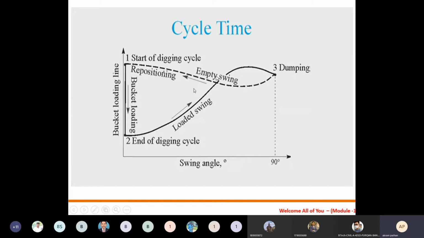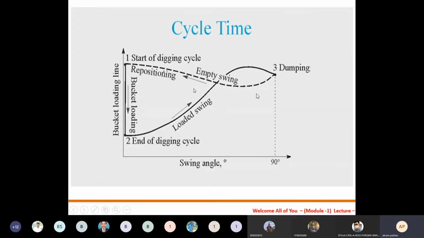So this cycle is continuous: digging, then end of the digging, then dumping of that material into the truck or dumper, and then again the empty bucket comes to its original position. This time is known as the cycle time.